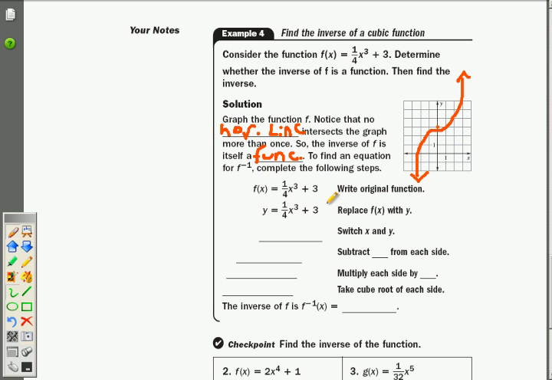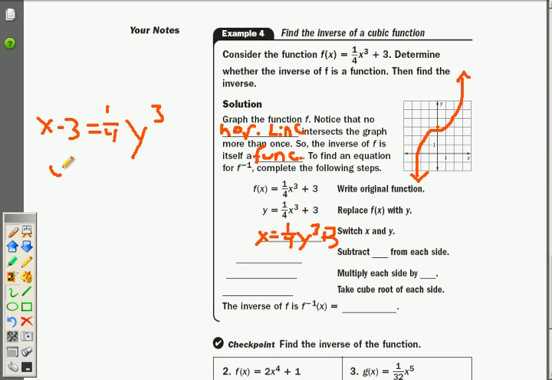So here's what you have to do. You have to replace f of x with y, switch your x and y, so x equals 1/4 y to the third plus 3, and then you have to solve for y again. So I'm going to do that over here. x minus 3 equals 1/4 y cubed.